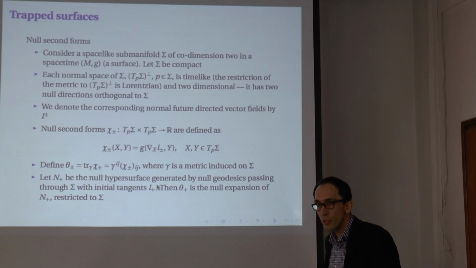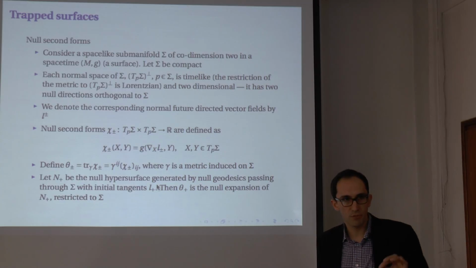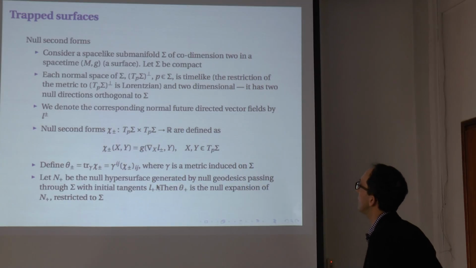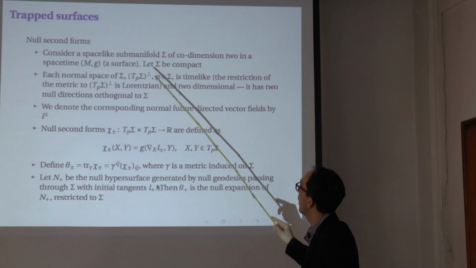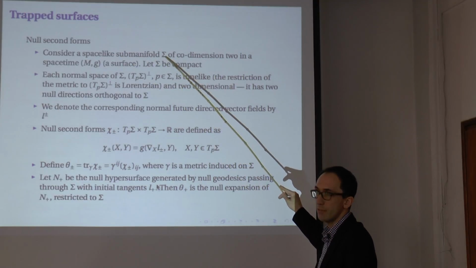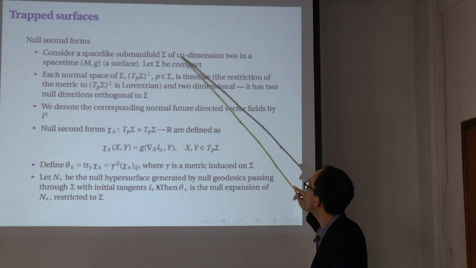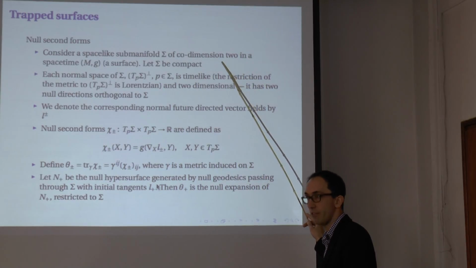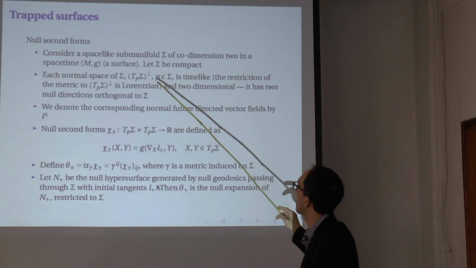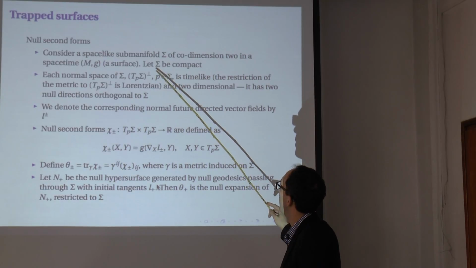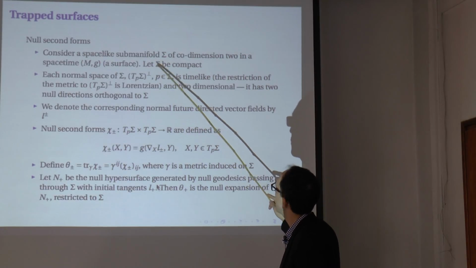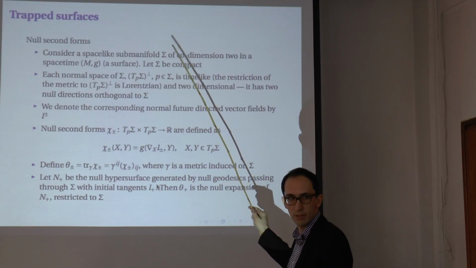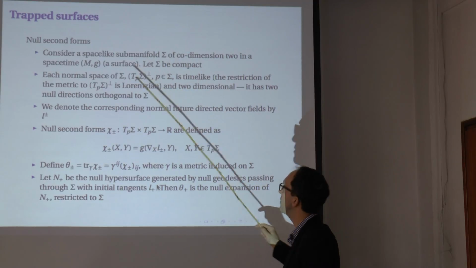Now, usually when people write about trapped surfaces, they start with a different setup. They start immediately with a space-like submanifold, sigma, with codimension 2, so in our 4-dimensional case, just a surface. We want to assume that sigma is compact, and all our examples will apply to that case.